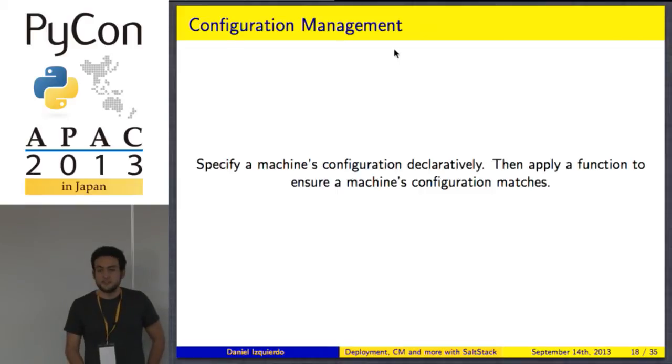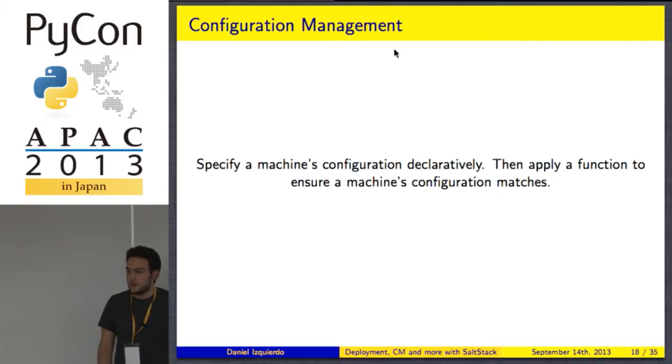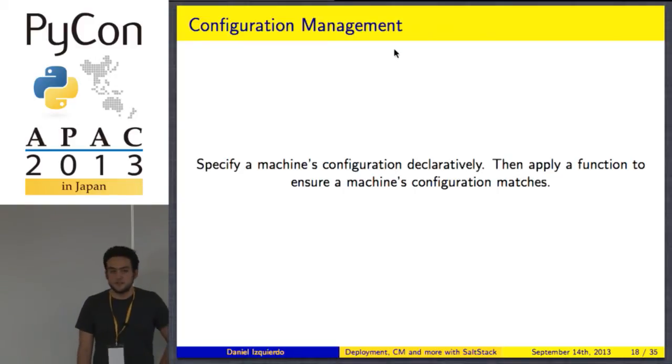You may want certain services to be up and running. You may want certain firewall rules to be applied. You may want, for example, a Postgres or MySQL or Oracle database to be present, and not only present, but to have certain characteristics.